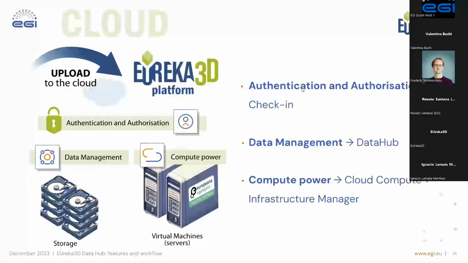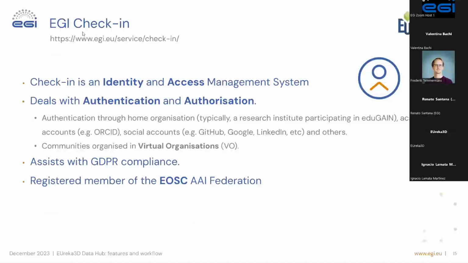So starting with the authentication and authorization. Check-in is an identity and access management system. It means that it's a service or a tool that deals with authentication and authorization. I will explain exactly these concepts for the audience, but basically authentication is the process to verify who you are, that you are who you claim you are.